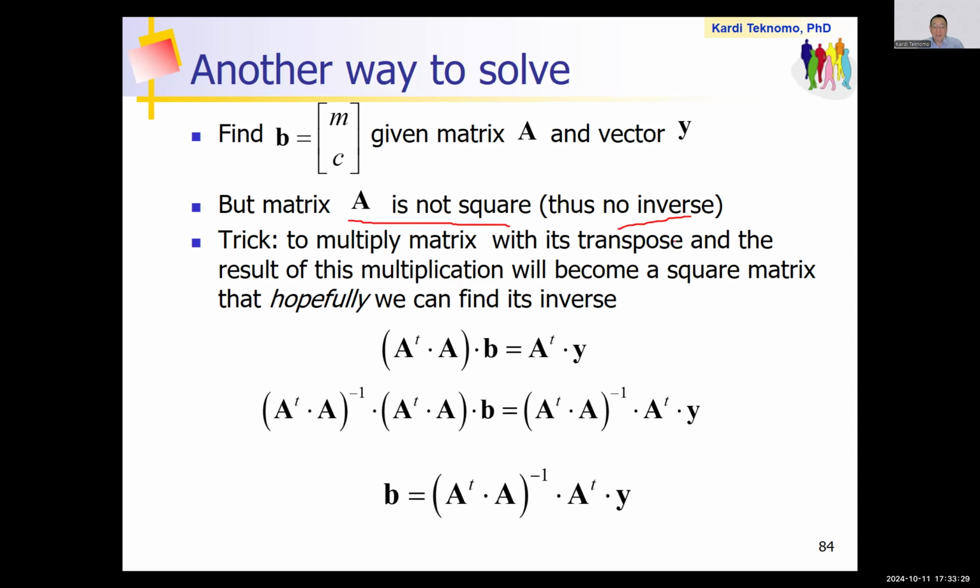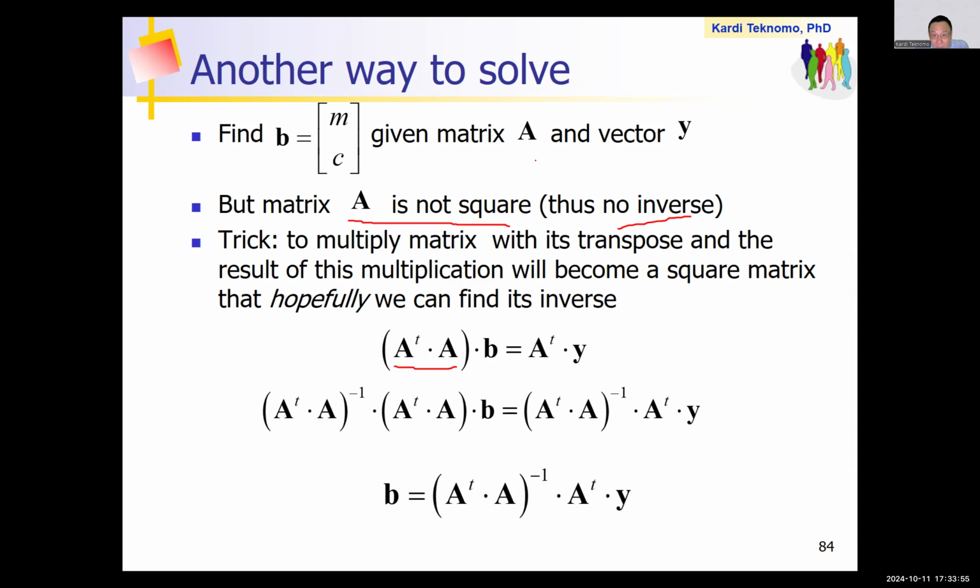So there's a trick to do this. We use what is called the generalized inverse. The trick is simple. First you multiply A with A transpose.